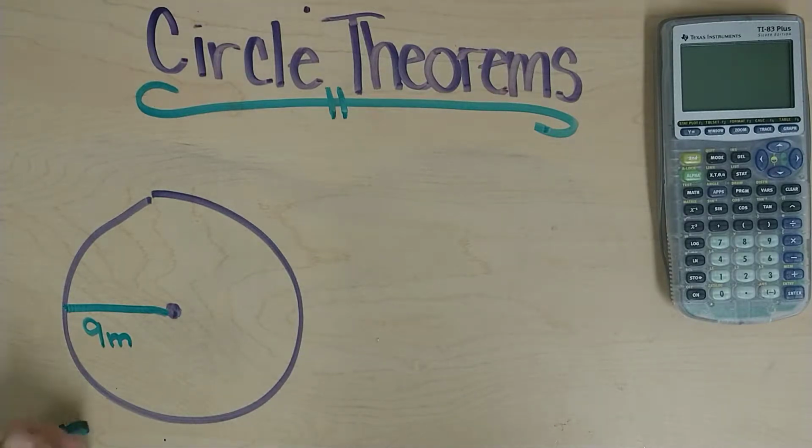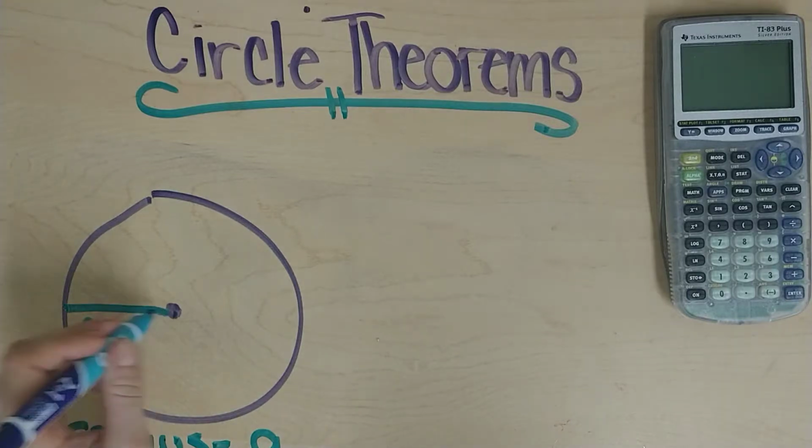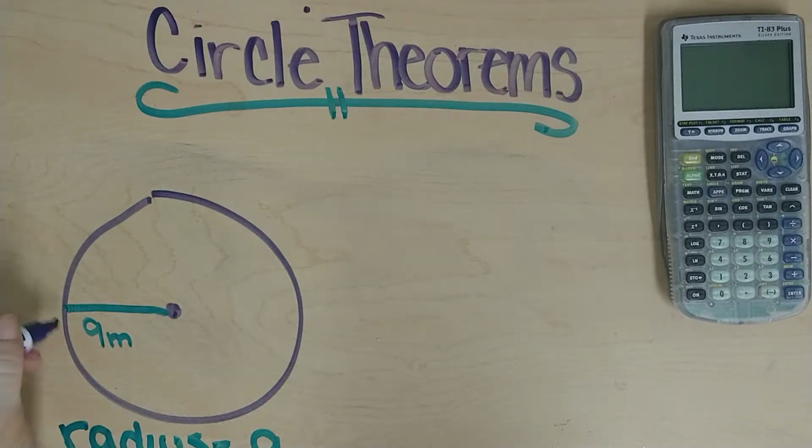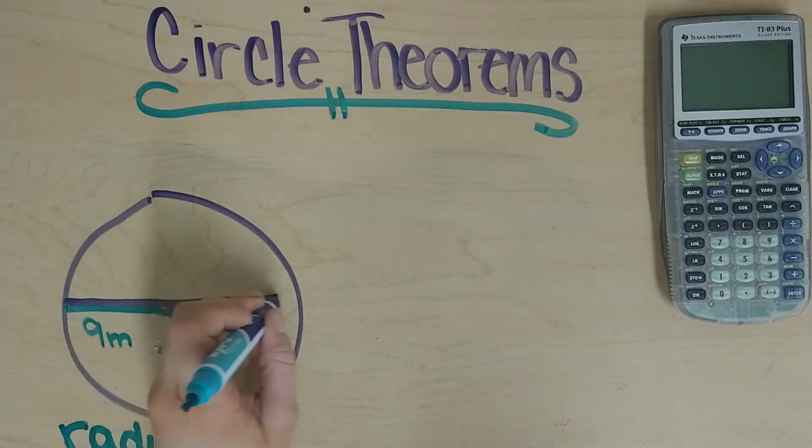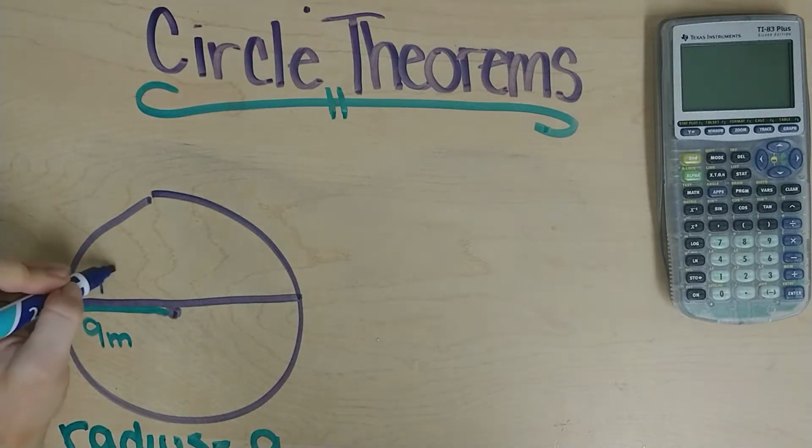So if my radius is 9 meters, I know that my diameter is radius times 2. So I can plug in 2 times 9 equals 18. So my radius is 9 meters. My diameter is 18 meters.